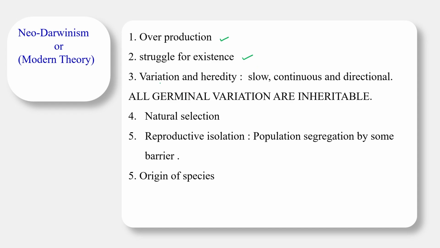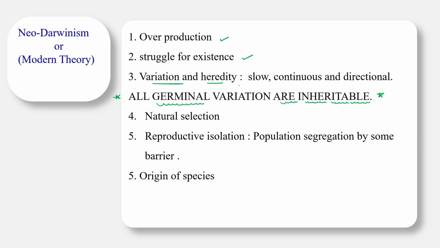But in the third point, variation and heredity, all the variations which come at the germinal level, germ level, are heritable. This is the main important point which was further included by other modern scientists, right?